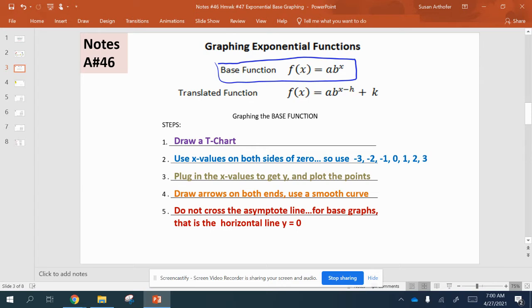For the x in your t-chart, you're going to start at 0, 1, 2, 3, and then 0, -1, -2, -3. We're going to plug in the x values to get y and then plot the points. We're going to draw arrows on both ends. We're going to use a smooth curve, and don't cross the asymptote line. For these graphs today, that's the horizontal line y equals 0, which is the x-axis. So don't cross the x-axis.